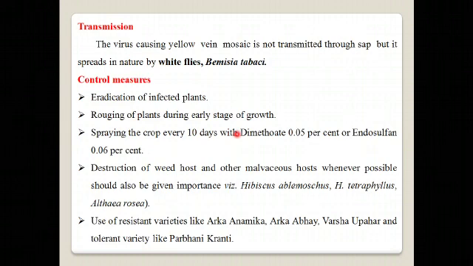This virus is mainly transmitted from one plant to another plant or from one field to another field through an insect vector. Vector means any agent carrying a disease-causing virus from one plant to another plant. So this is known as the vector.